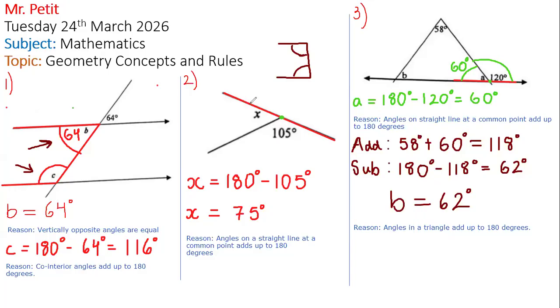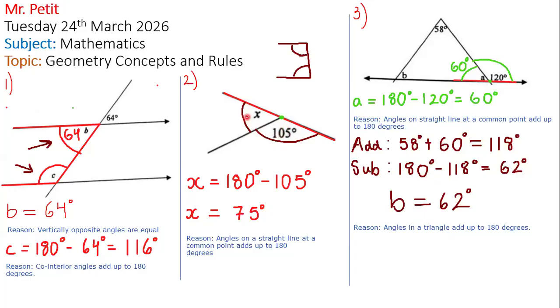Now, with this one, we have the rule that says angles on a straight line at a common point, so we have this angle, x, and we have this angle, which equals 105. These two angles, based on the rule, must add up to 180 degrees. If we already know that this is 105, how are we going to figure out x?